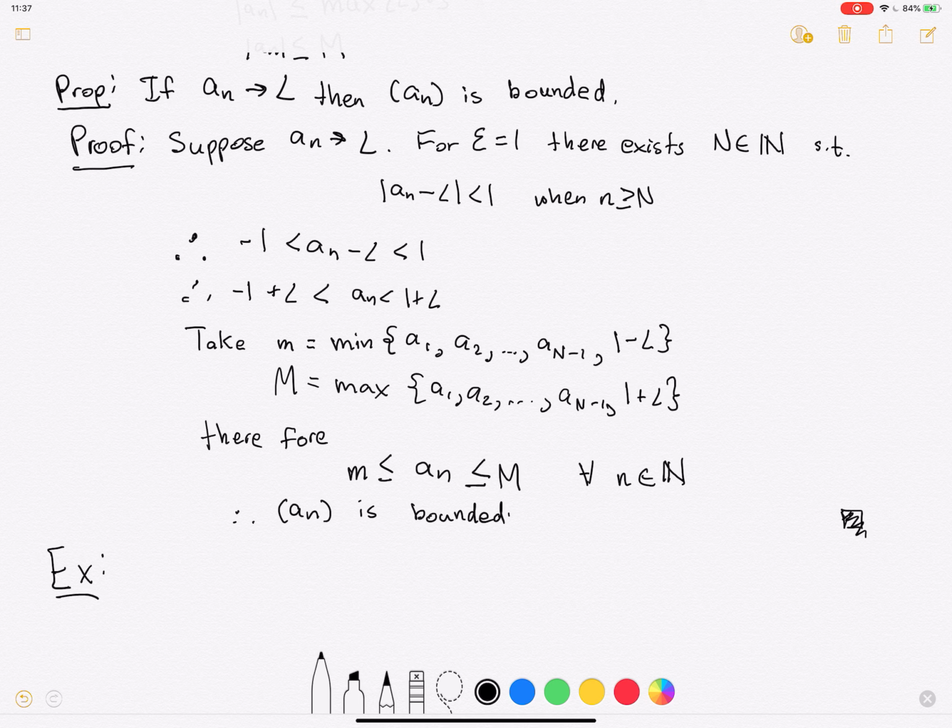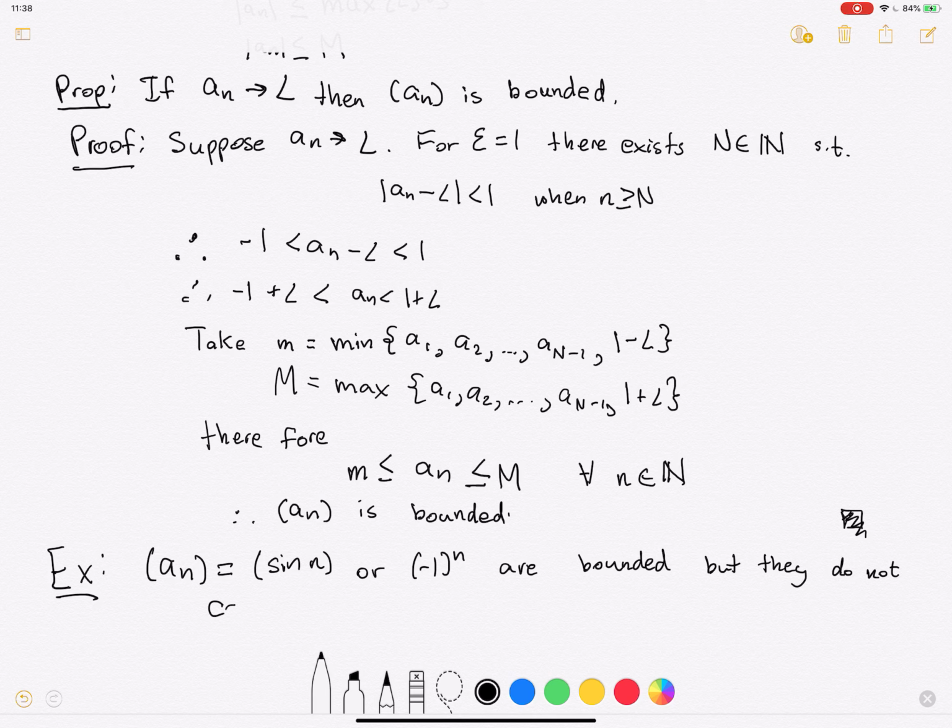Now let's look at an example. Take a_n equals sine of n, or even (-1)^n, are bounded, but they do not converge. So the opposite isn't true. A bounded sequence does not always converge to a limit.